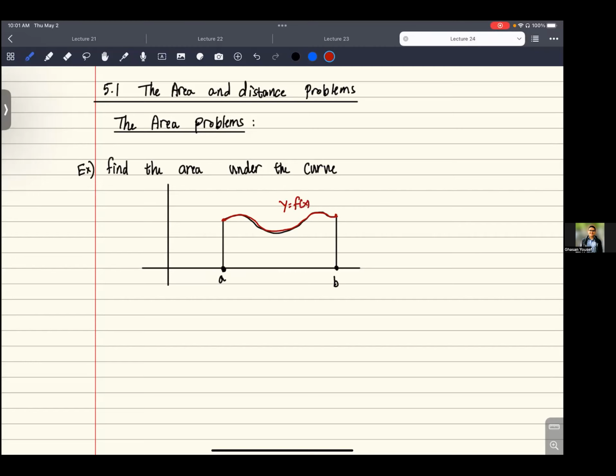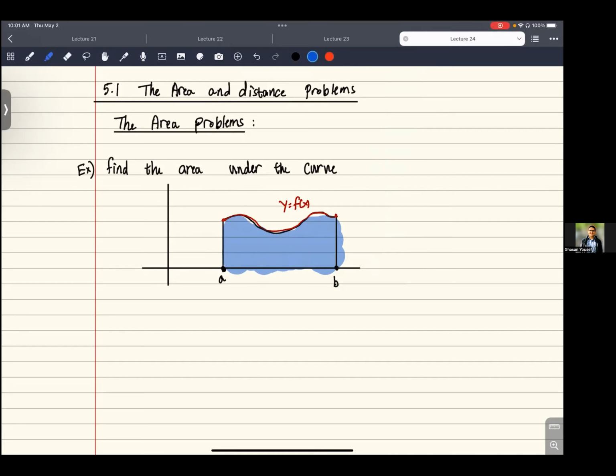So if I ask you to find the area under this curve starting from the point A up to the point B, I mean find this area under this curve. How can we find the area?